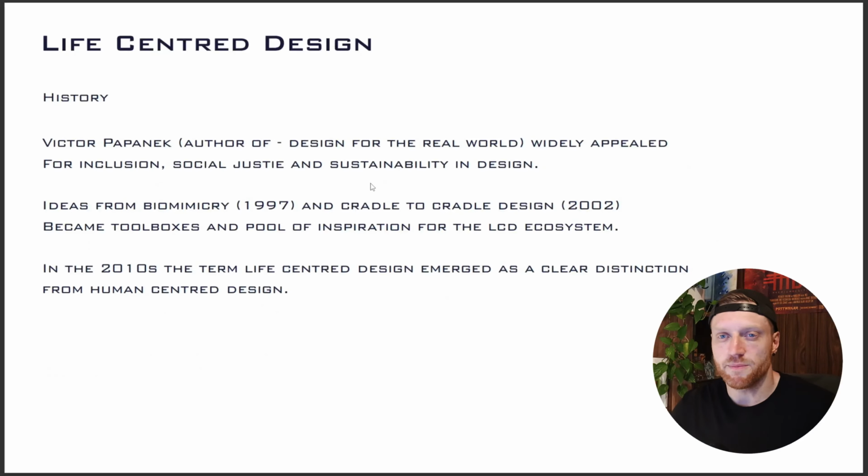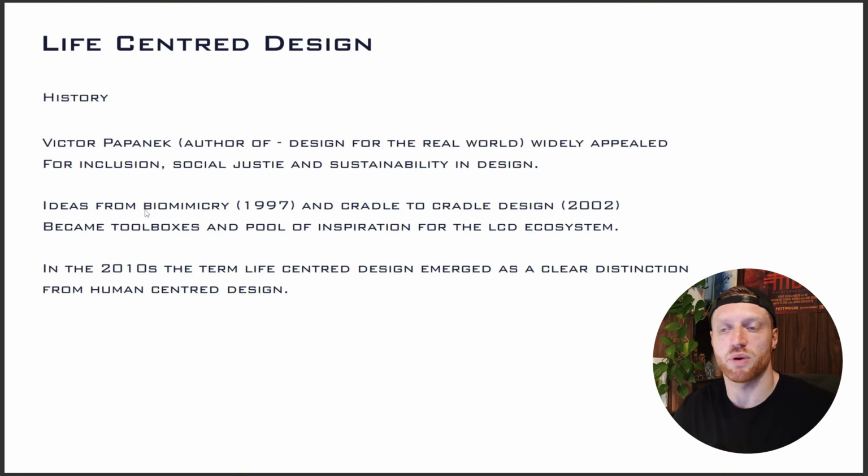If you look at the history, what I found is that basically it pointed to Viktor Papanek, who was the author of Design for the Real World, one of the big design classics, right? And there he widely appealed for inclusion, social justice, and sustainability in design. And he set some of the fundamental ideas and connected them to design.